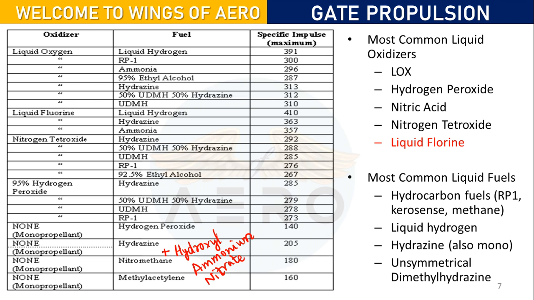This also belongs to the monopropellant group, and in short they call it HAN. Among all of these, it is very rich in oxygen. You got the point?